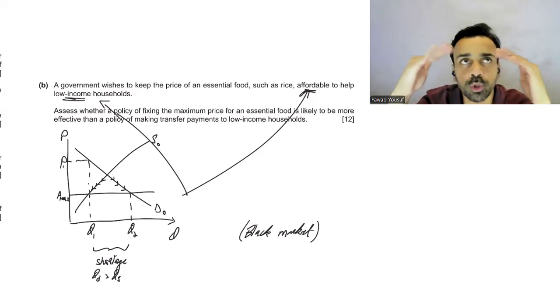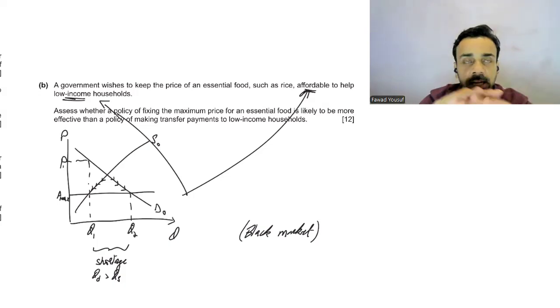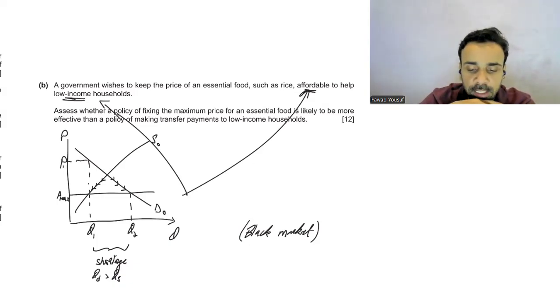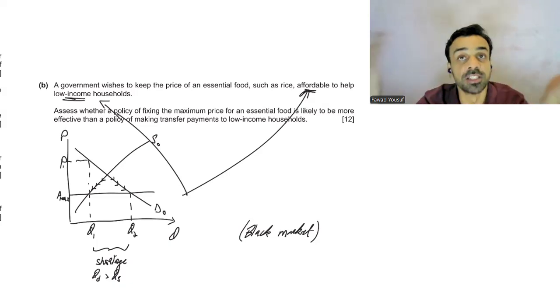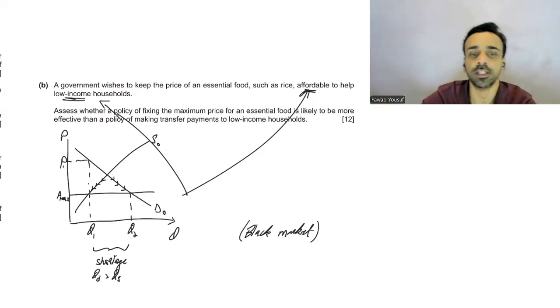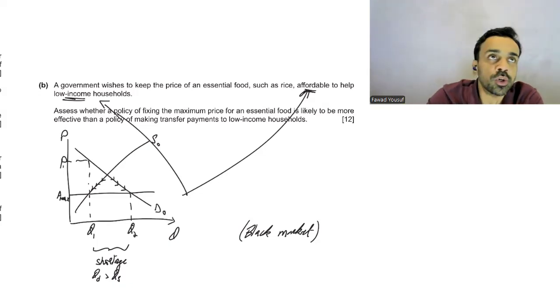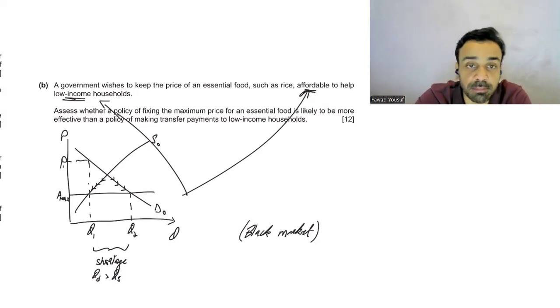When you impose a maximum price, it is universal to everyone in the economy that nobody can buy rice above this price, right? तो इसके अंदर we talk about the idea of how it does create an equity sort of situation. It's not that the rich can outbid the poor. So that sort of equity comes in. I think that could be one of the advantages that we can talk about in terms of affordability.